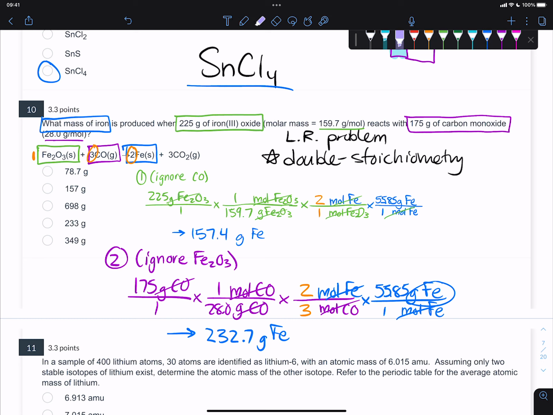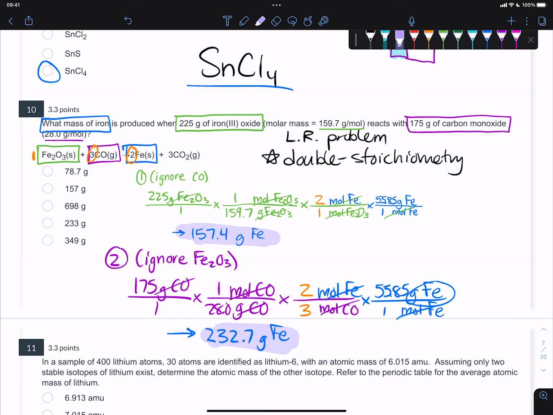The important thing is that you recognize that you got to compare these two values and you got to pick the lower one. So the bread example, if we had 8 slices of bread and 3 pieces of tomato, we could make 4 whole sandwiches based on the amount of bread we had. We can only make 3 whole sandwiches based on the limited amount of tomatoes we had.